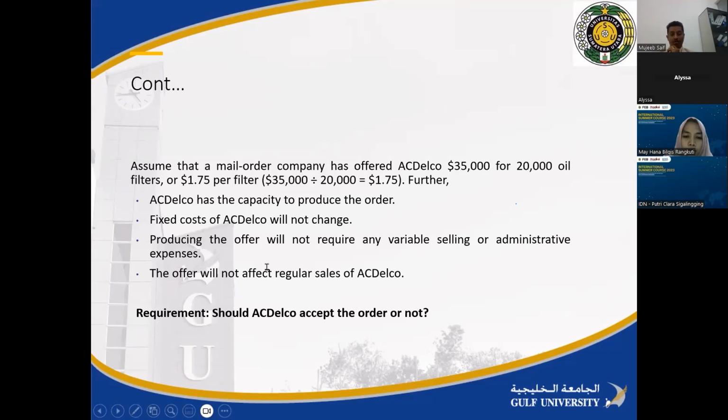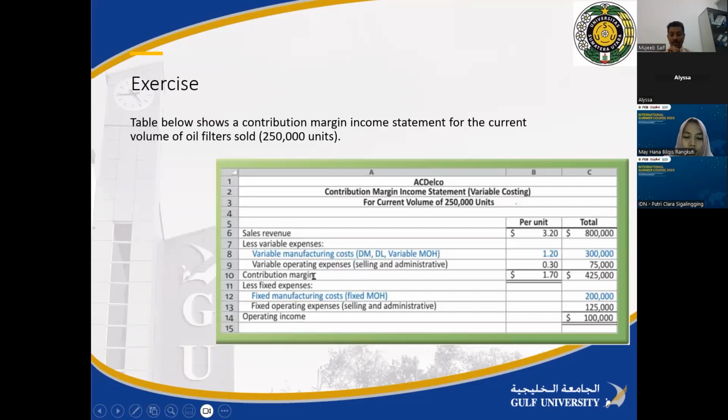Accepting this order will not bear any variable selling or administrative expenses. If you go to the table here, we have variable operating expenses, selling and administrative, as well as this order. This company wants to purchase a high number of units.